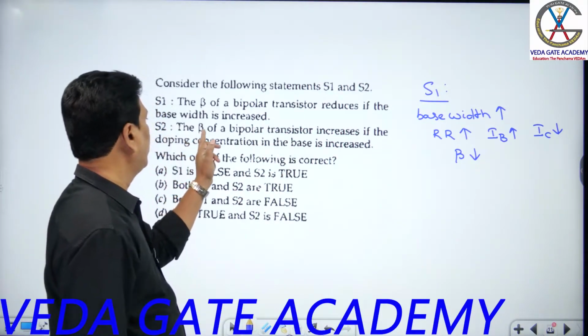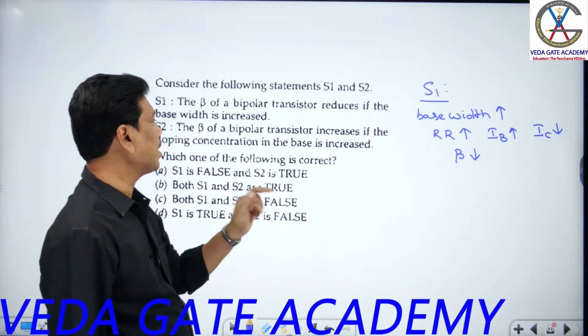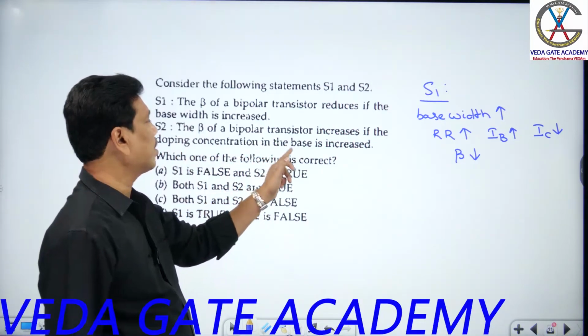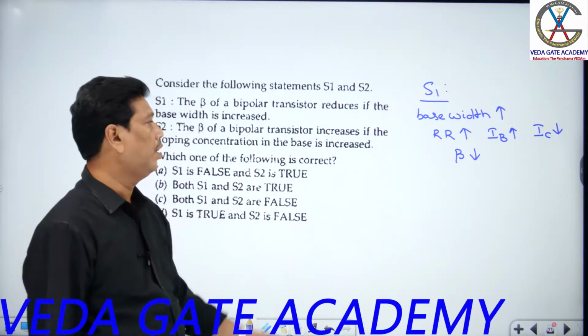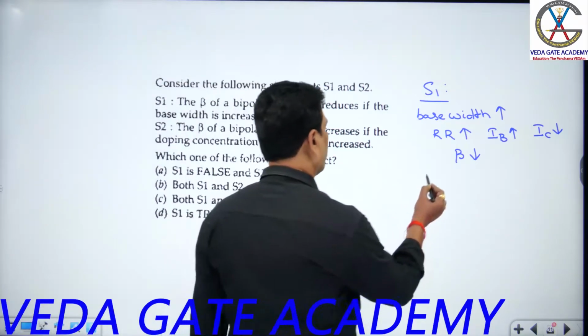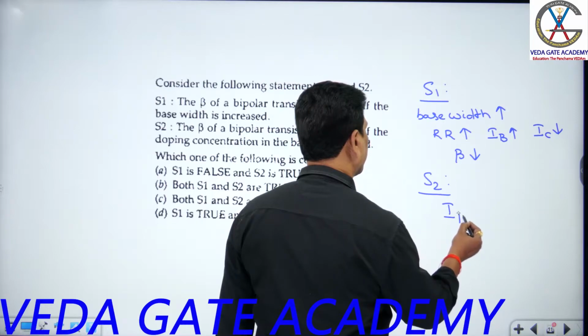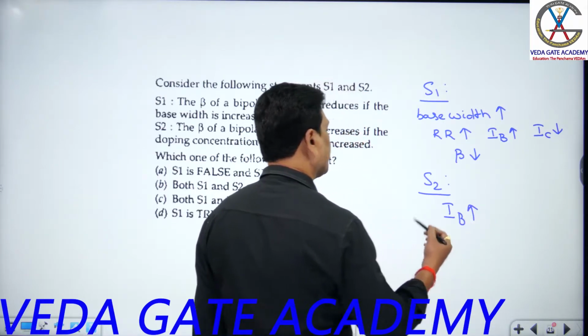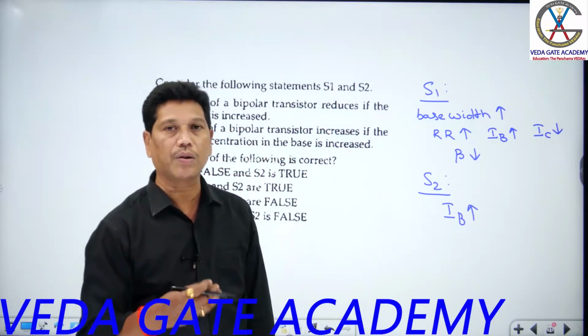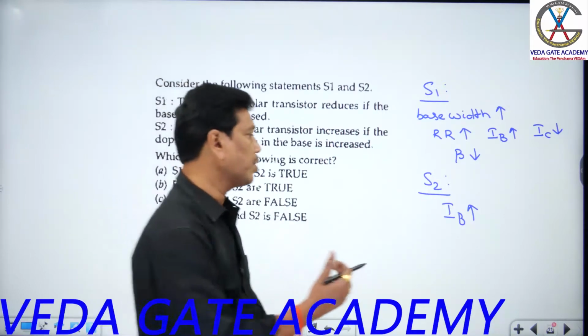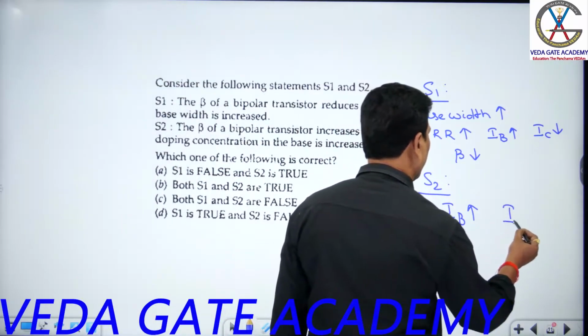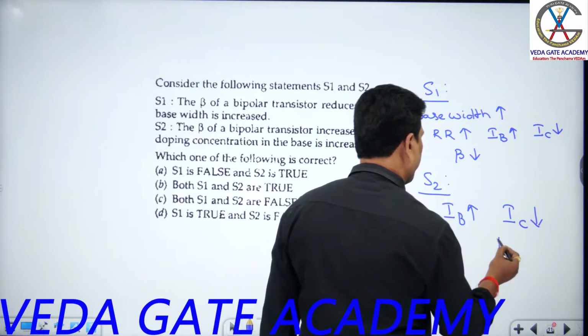Come back to S2: the beta of a bipolar transistor increases if the doping concentration in the base increases. If the doping concentration in the base increases, IB increases. So the number of carriers injected into the collector region decreases, IC decreases, and automatically beta decreases.